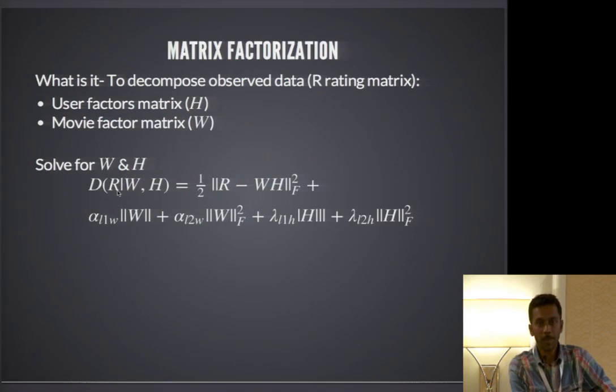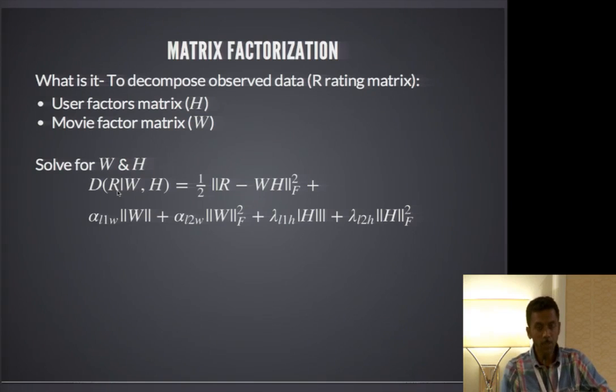So from the matrix factorization point of view, what it essentially means is, suppose we have a rating matrix. What we want to do is decompose it in terms of two matrices. One of them is a user factor matrix, and the other one is a movie factor matrix in this case.